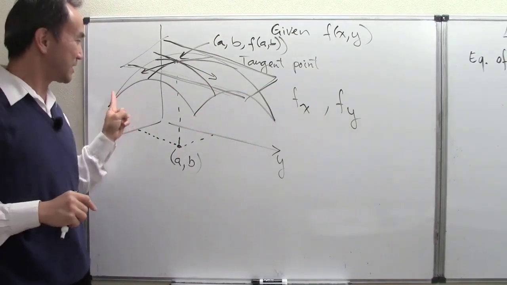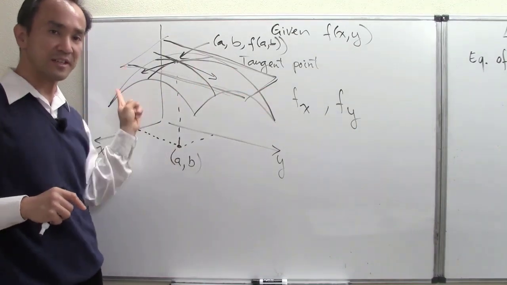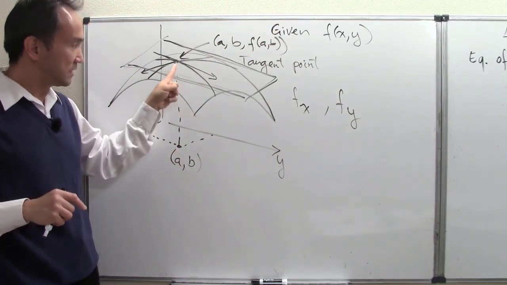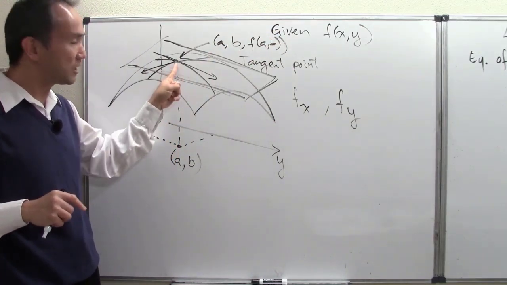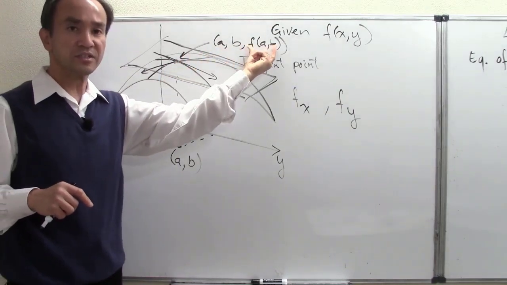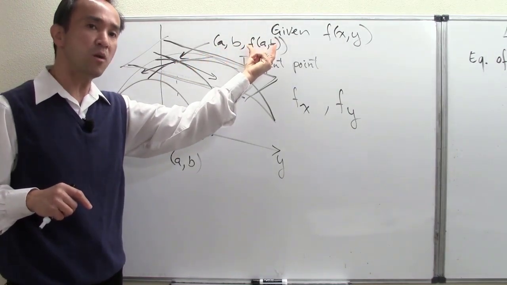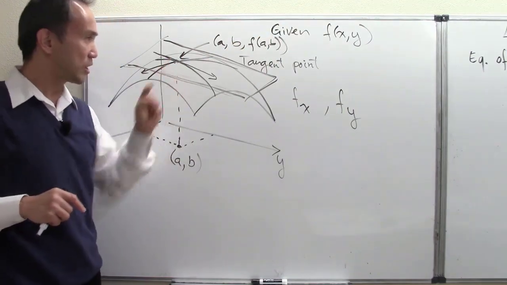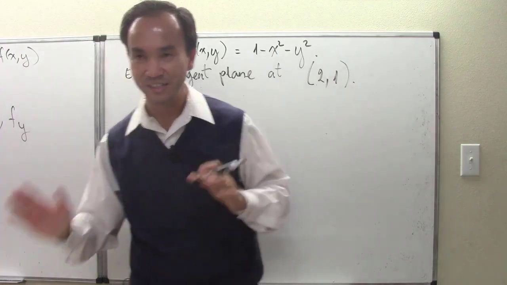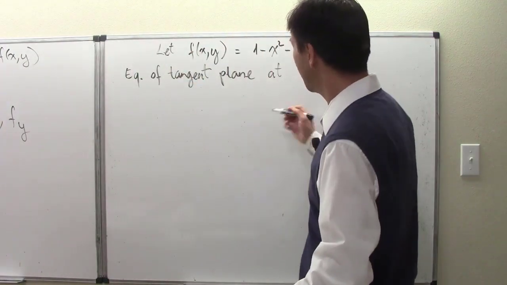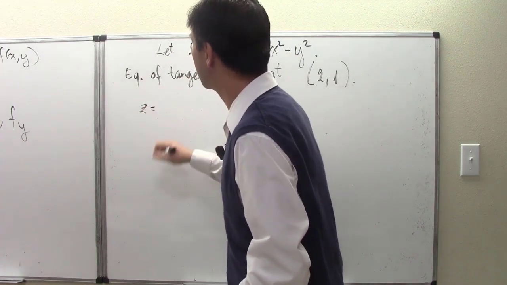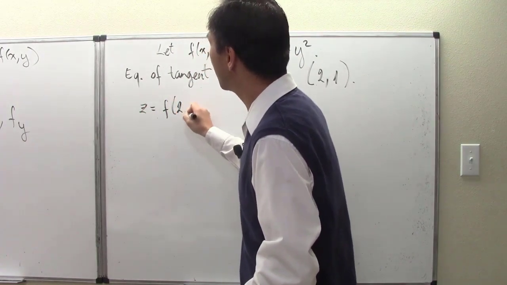When we put that point on the surface itself, it's the point 2, 1, comma, the z value which came out from the output of our specific function. So let's quickly find out our tangent point value.